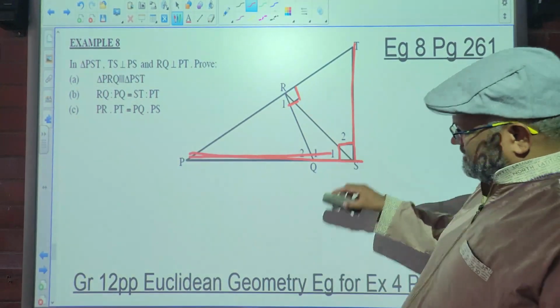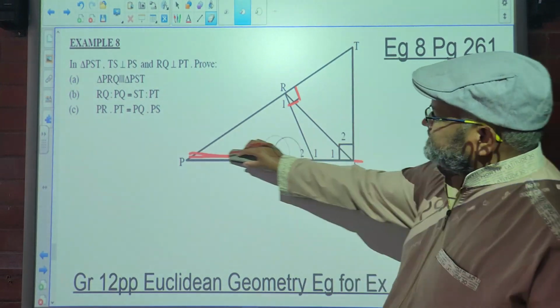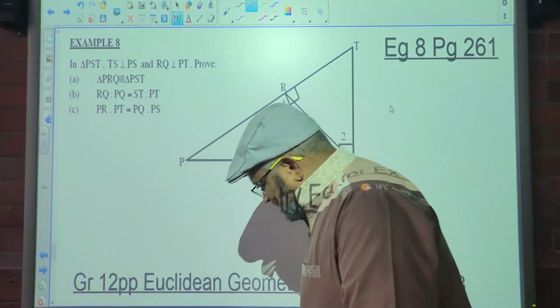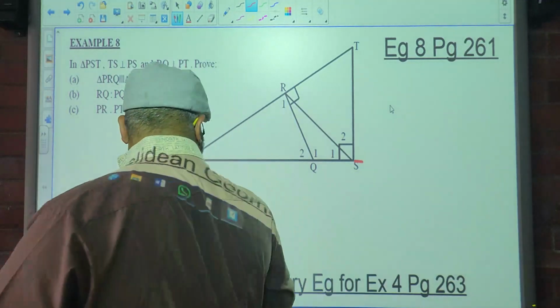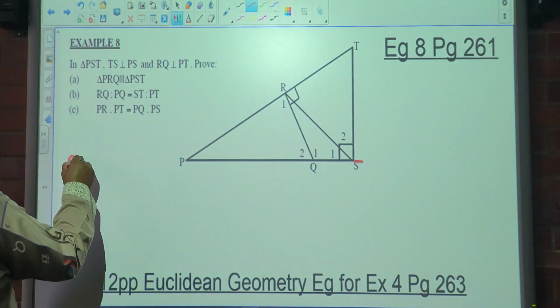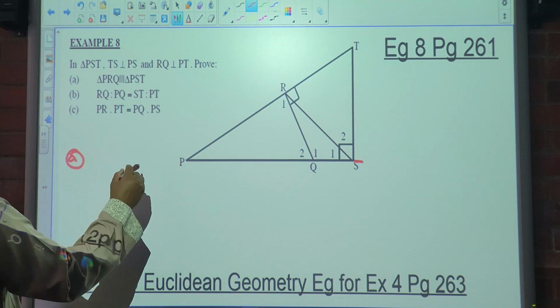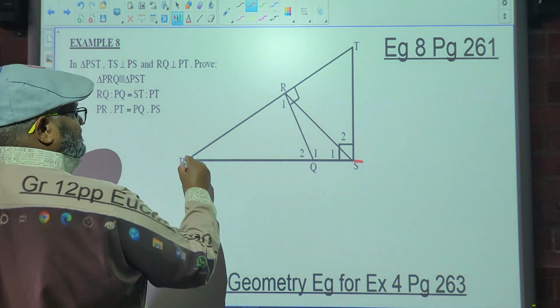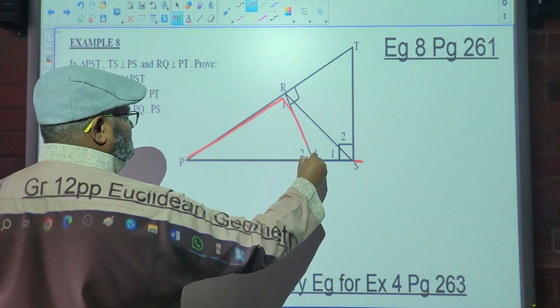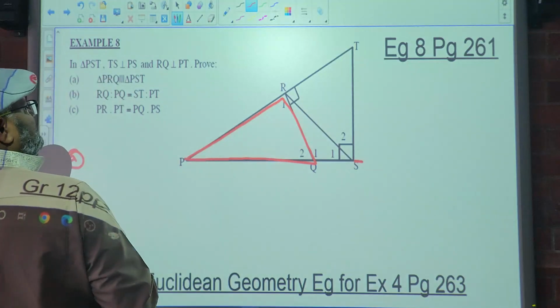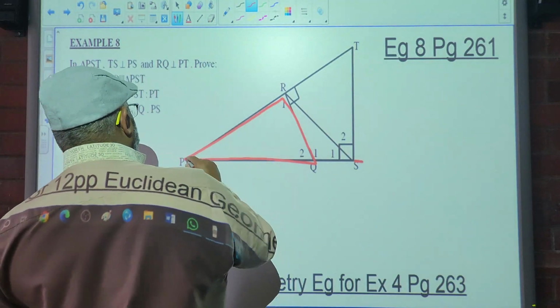The first question says, you are required to prove that triangle PRQ, this triangle here, is similar to triangle PST.